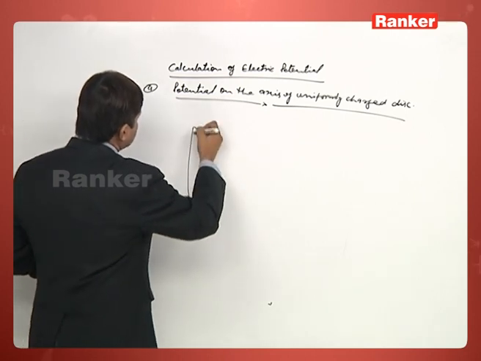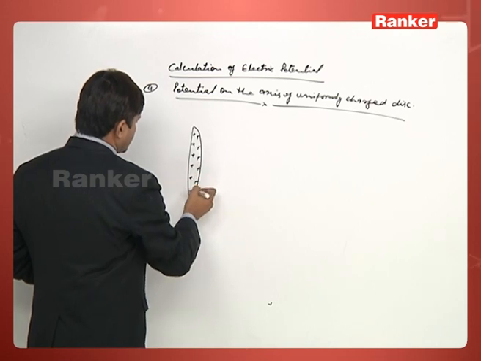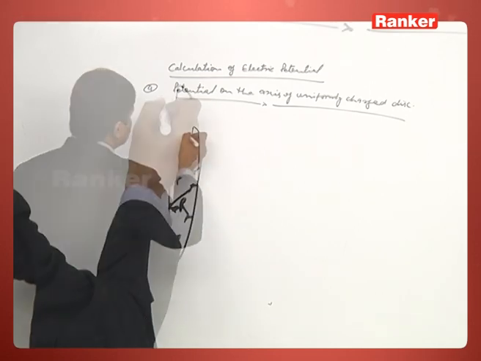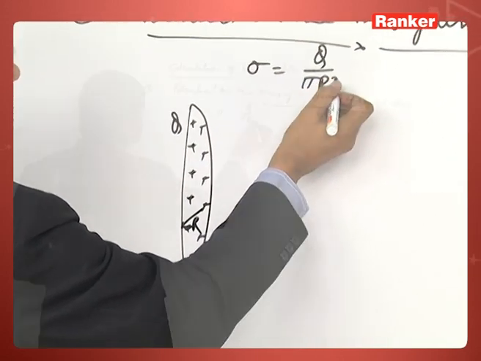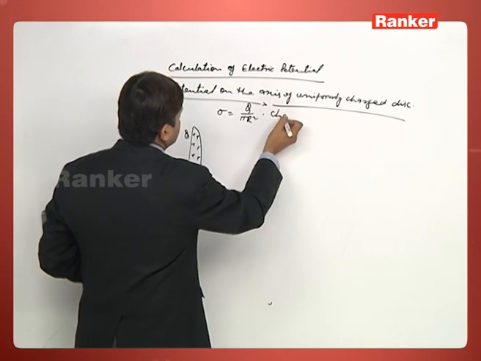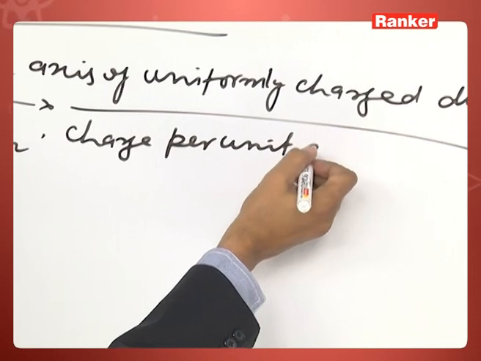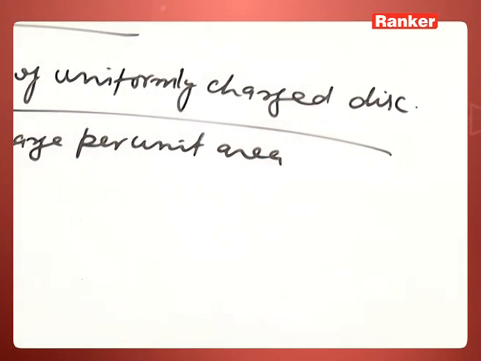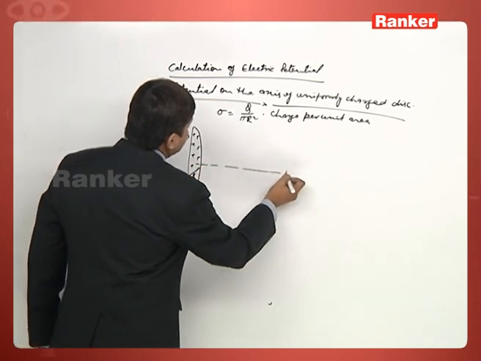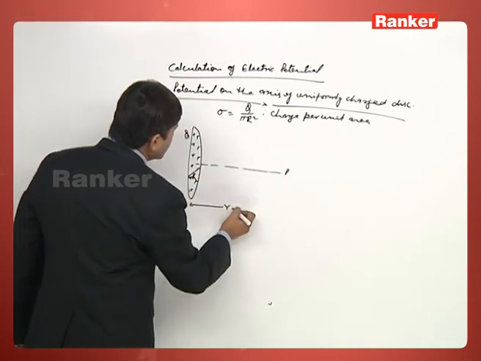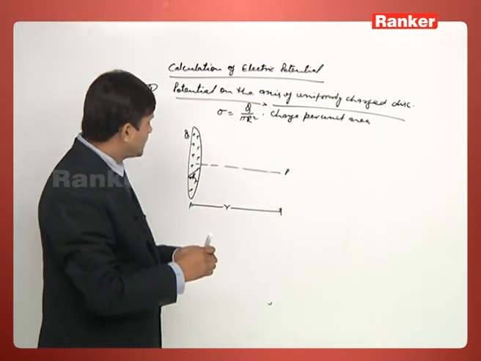Let this be your disk and it has charge Q and radius R. Sigma is the charge per unit area. Now, if we want to find the potential at point P, which is at distance r from the center of the disk, what can be taken here?